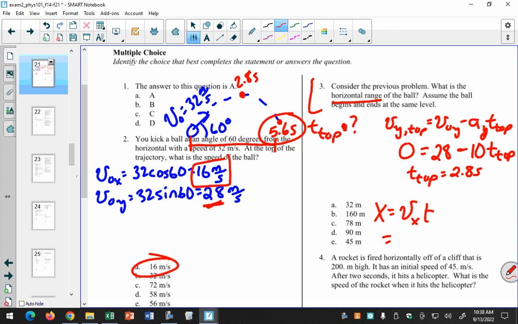That's going to be vx, which I found is 16 meters per second, right here, times t, which is 5.6 seconds. That's 30, 80, 40, 120-ish. 89, 90. Okay, yeah, 90 is the right answer. Okay? 90 meters.